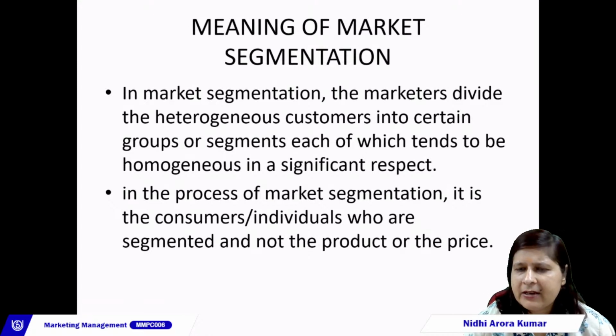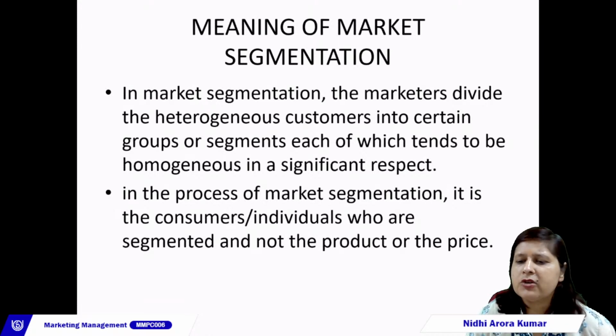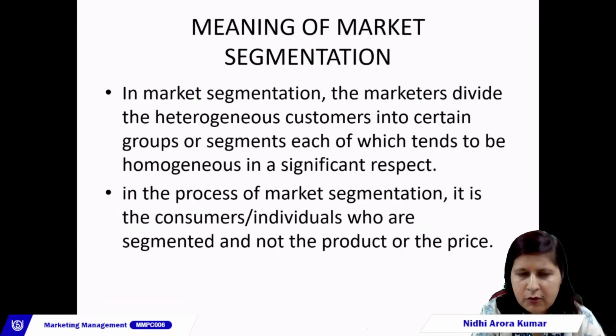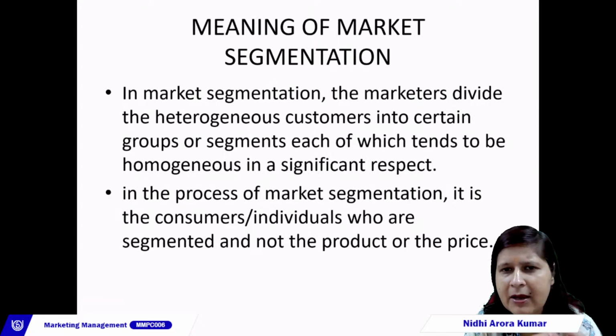In market segmentation, the marketer divides the heterogeneous customers into groups or segments, each of which tends to be homogeneous in significant respects. Right? If you look at 100 people, they are heterogeneous because their demands are different. When you group them according to their common needs, then they become homogeneous.